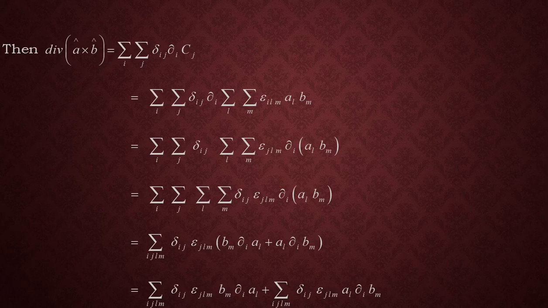Divergence of A cap cross B cap equals summation sigma over the 4 indices i, j, l, m, delta suffix ij, epsilon suffix jlm times Bm dou i Al plus Al dou i Bm.